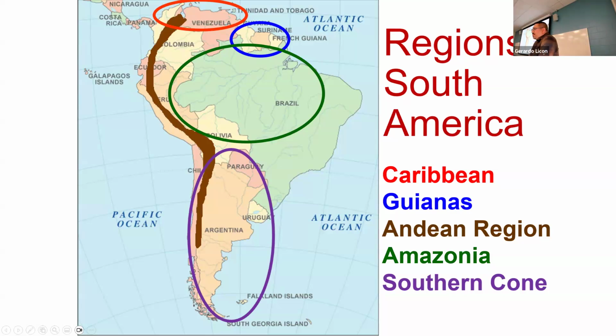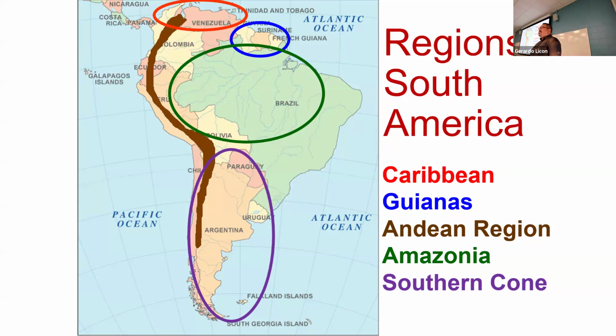One thing to note about the Caribbean is that there's the Caribbean islands, which are obvious, but basically all the land that faces the Caribbean also has a lot of Caribbean influence, history and culture and so forth. So the east coast of Mexico, of Central America, the north coast of South America has a lot of Caribbean influence.